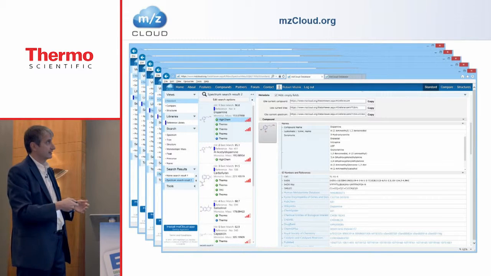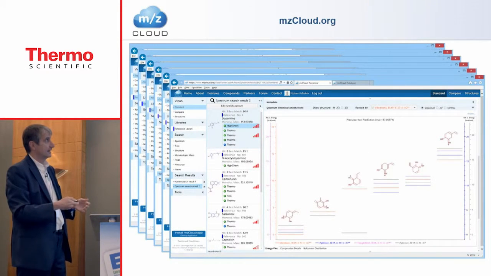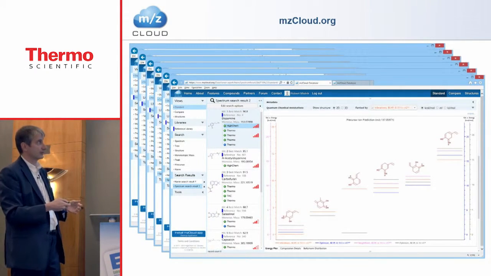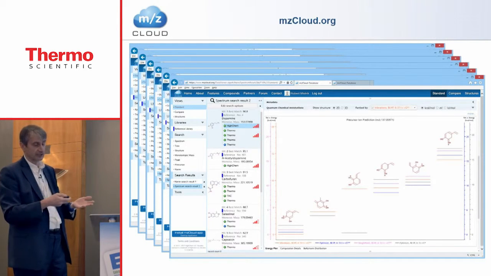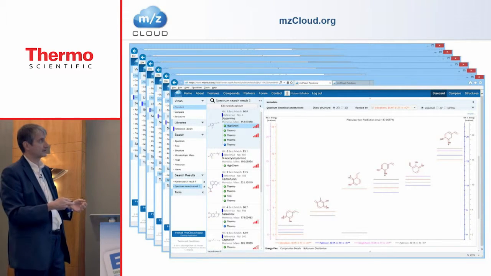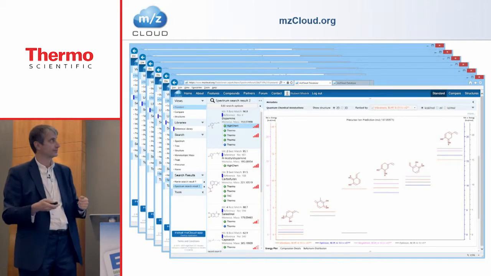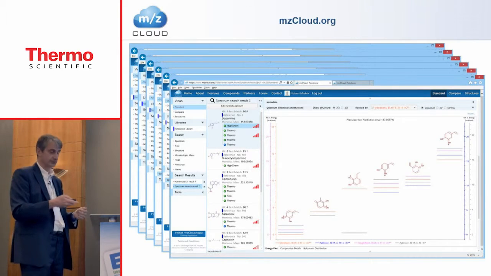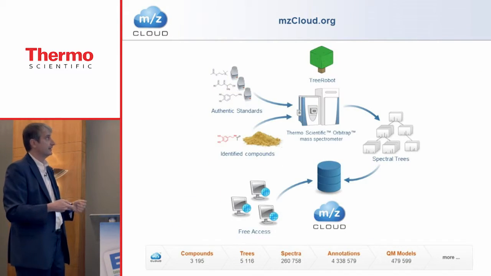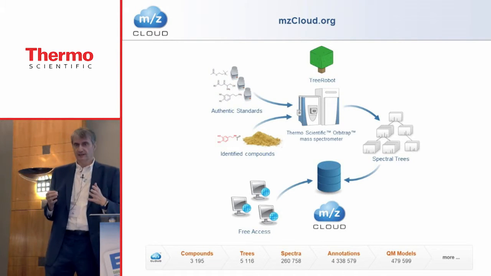We collect a lot of metadata, and we do quantum chemical prediction, which is actually unique for a mass spectral database. So we use an internal computing cluster, and we also use a supercomputer in America, because this is a very computationally demanding task. So how do we build our database?